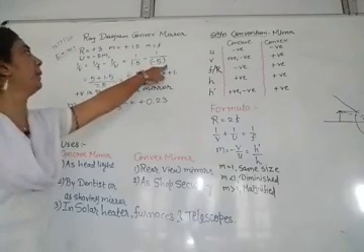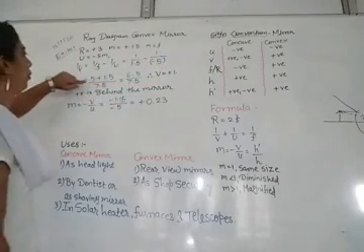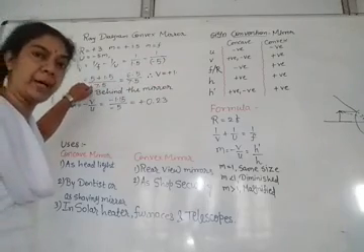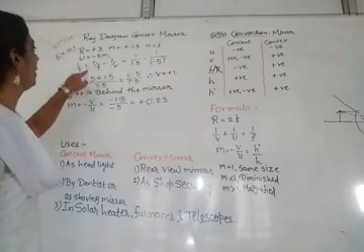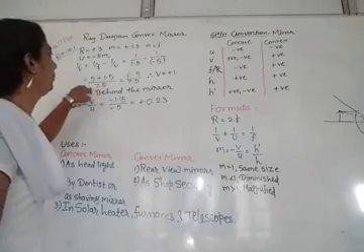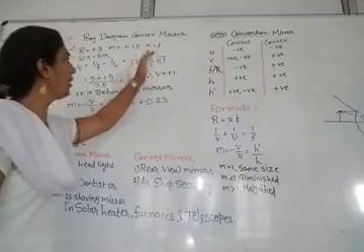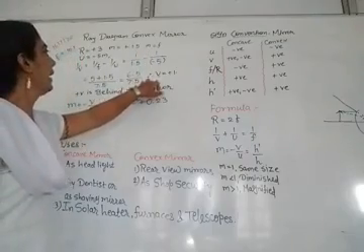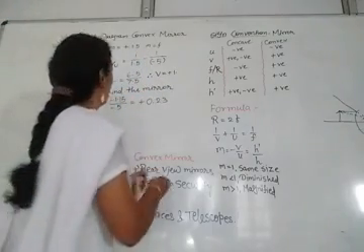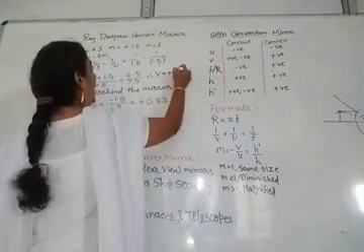So this will become plus, and LCM of that will be 7.5. So we get 5 plus 1.5 upon 7.5, and if we invert this, we get the answer v equals 1.15 meter.